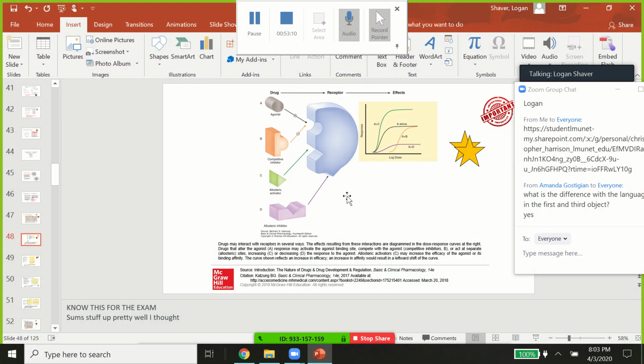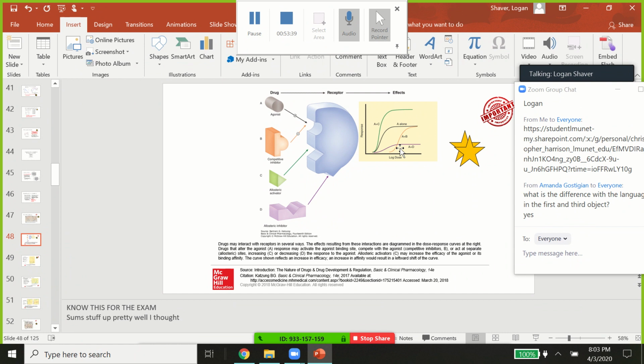And so therefore, notice the difference, okay, make sure you know this because it is a little confusing: since it's a competitive inhibitor, it's competing with this binding site. That means at some point, if you were to increase the agonist so much that it outcompetes the competitive inhibitor, you're going to reach Emax no matter what, but it's just going to take a larger dose to do that.